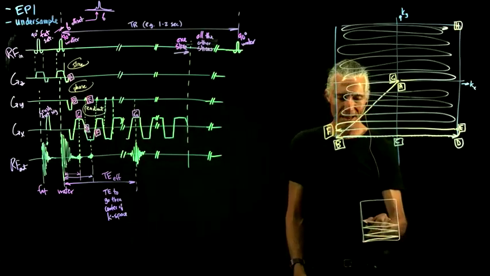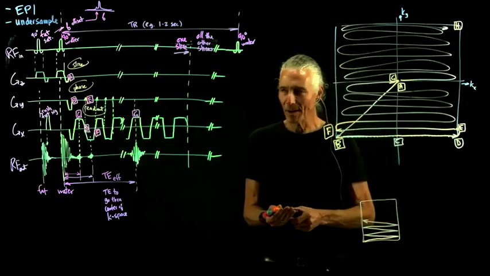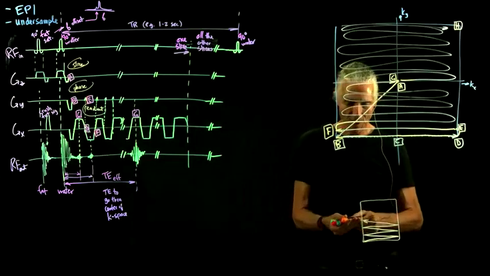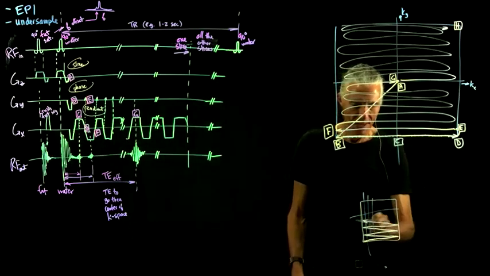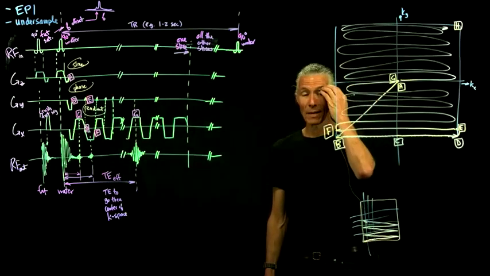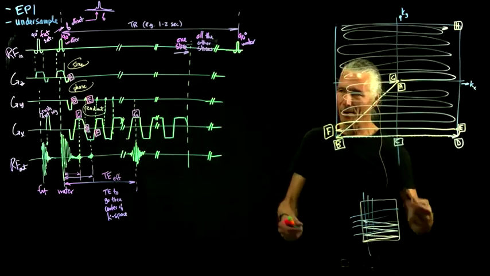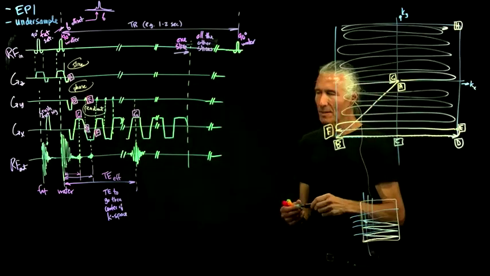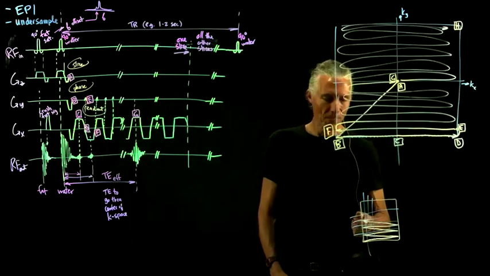The problem with that is that the Fourier transform wants a regular grid, but that's okay. You can resample those diagonal lines, interpolate them onto a grid, and then you can do your Fourier transform. A bit of a hassle, but a pretty straightforward thing to do.